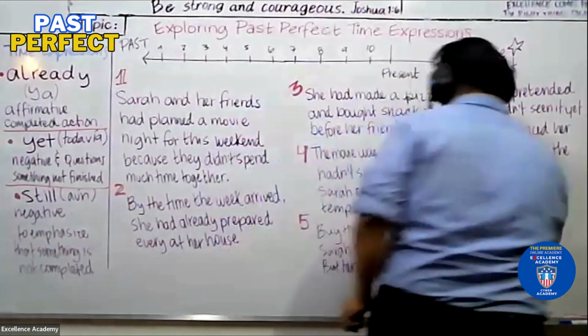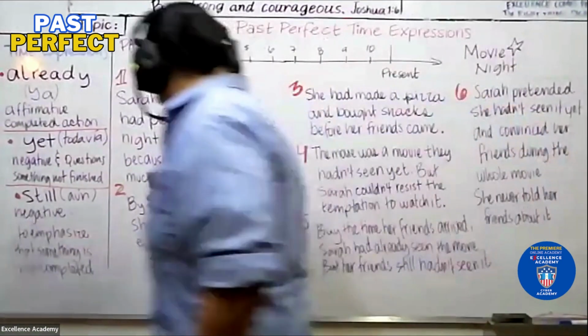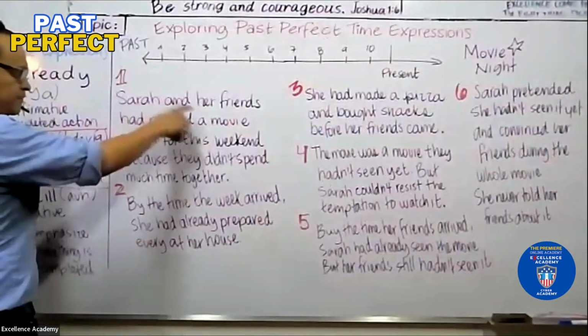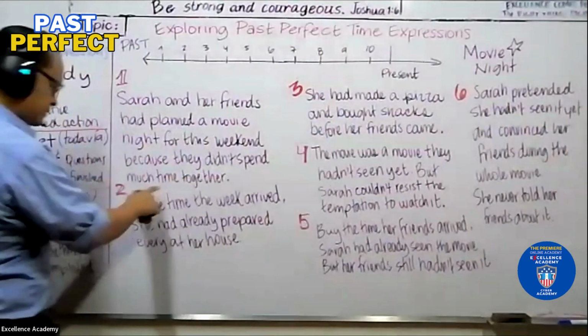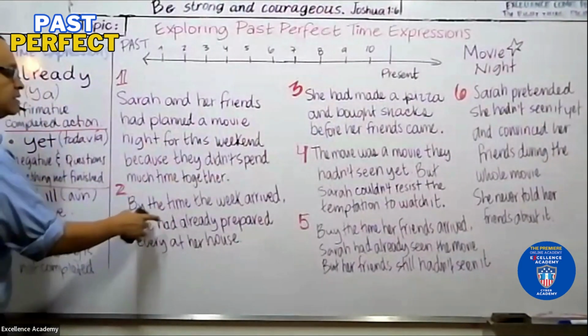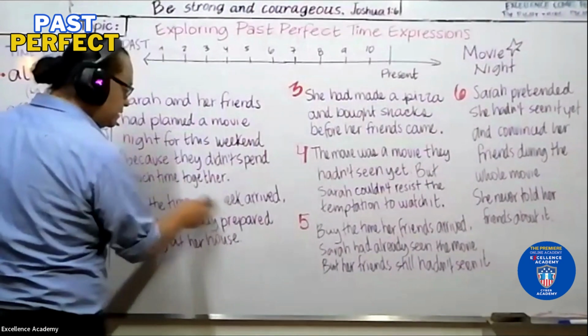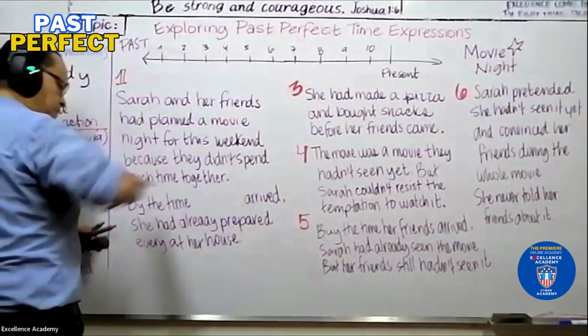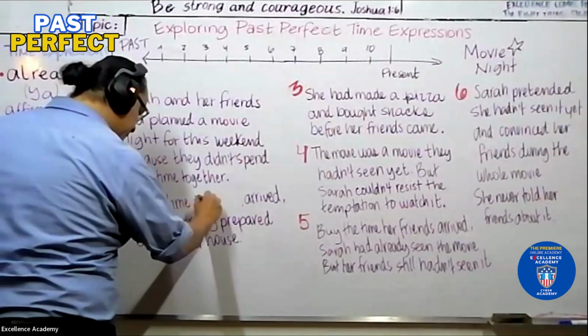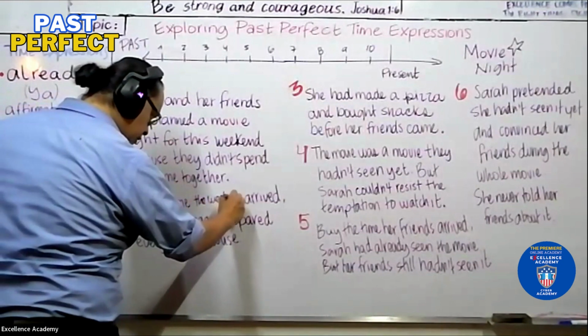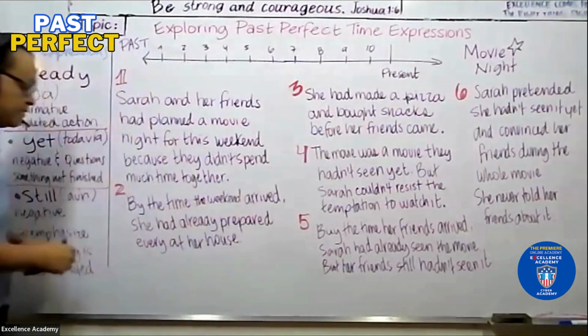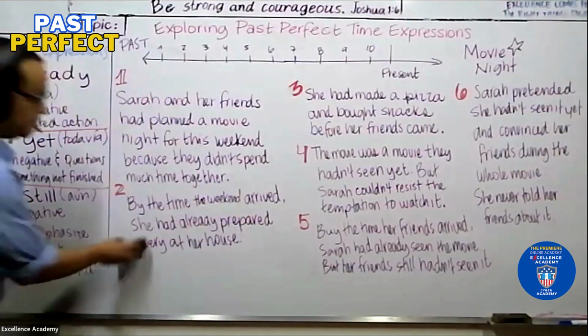Okay, good. Now, I just noticed, guys, that I forgot a verb here. By the time the weekend, I just wrote the week. Let me fix that. By the time the weekend arrived, she had already prepared everything.